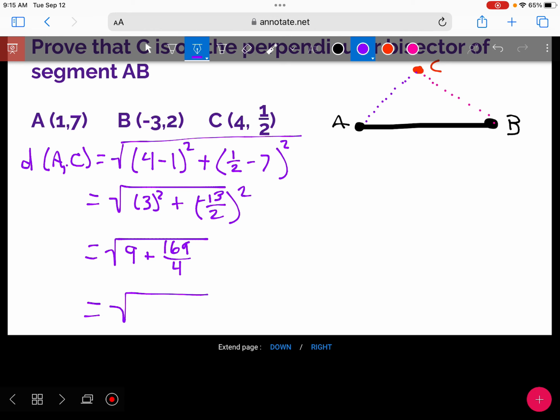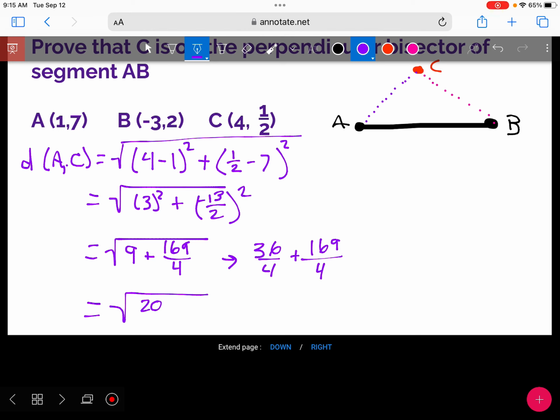So then 36 plus 169. 199. No. So 9 in terms of 4. It's going to be that 36 over 4. 169. Oh, 200.